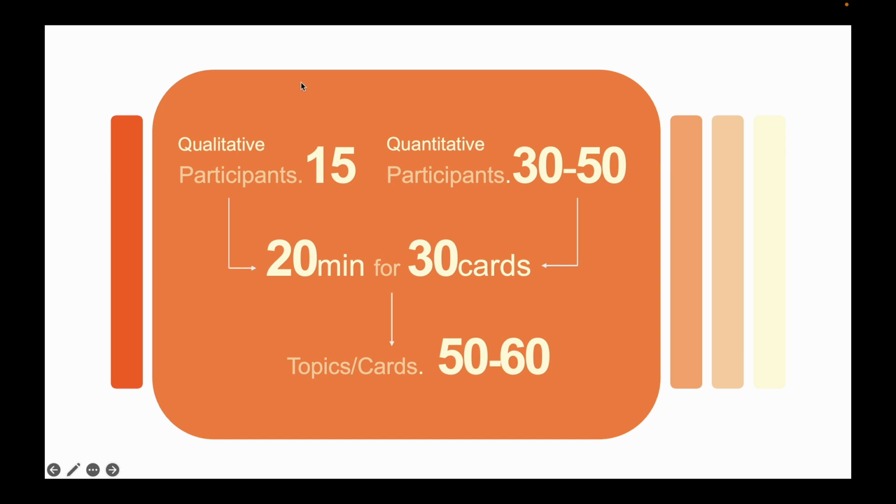But in quantitative studies, you focus on how many times people group certain cards together. So I recommend at least 30 to 50 people to ensure results can represent a broad population. And each session should last 20 minutes for 30 cards and include 50 to 60 topics.